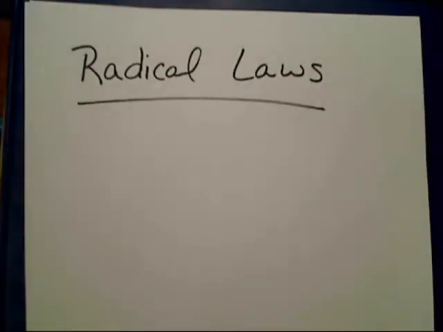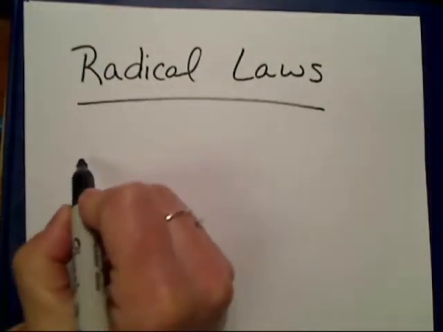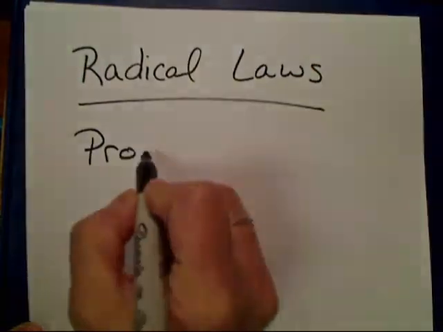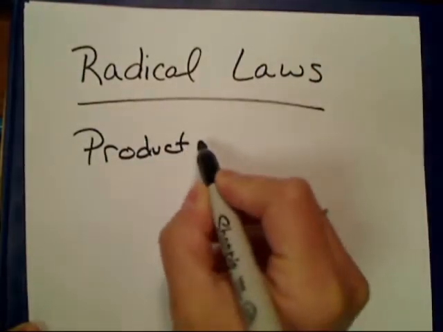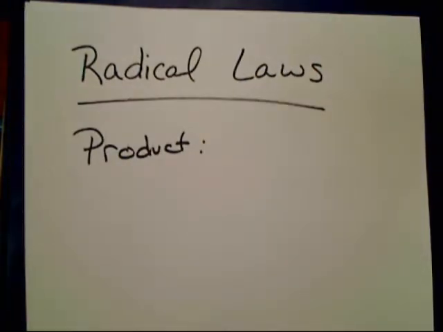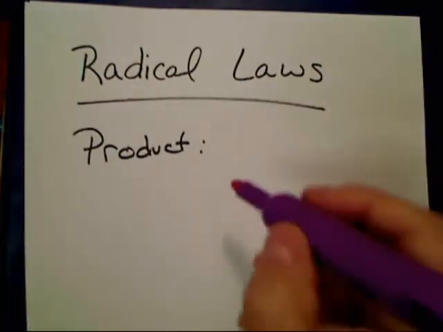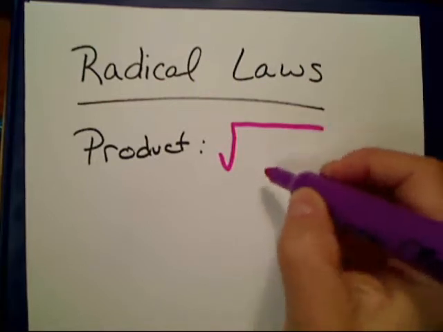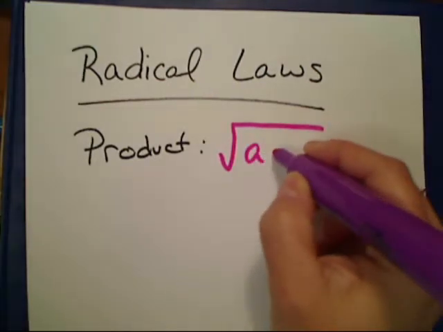With anything in math land, we have laws to go along with it so that we can follow the correct rules and have a joyful visit in math land. We have 2 radical laws. The first is that of a product. So if I have the square root of a product, remember a product means multiplication.